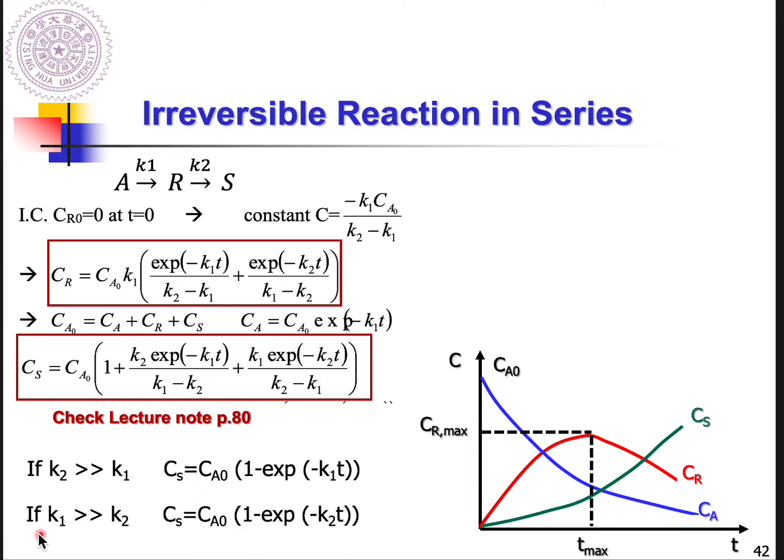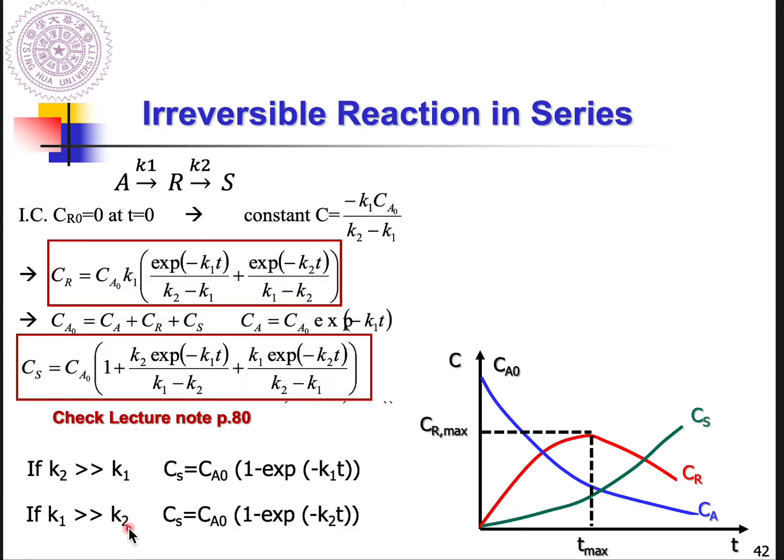And on the other hand, if k1 is much faster than k2, this is very fast, so A generates a large amount of R, but only some of R can generate S. Under this situation, k1 is quite large, right? So you can drop this term out. And this is much larger than this one, so drop this term out. So what we have is 1 minus exponential minus k2t. k2 is the slow path, the slow reaction, right?